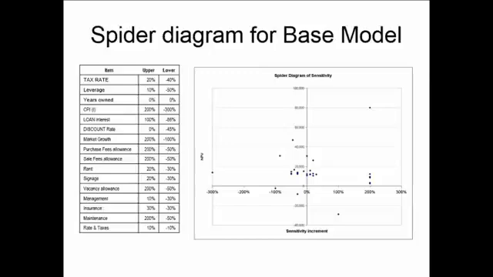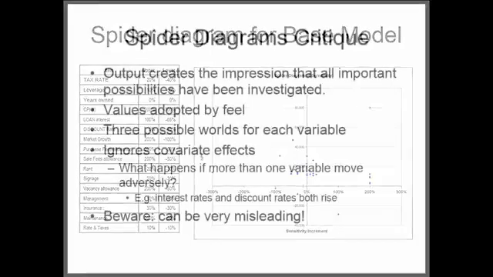The graphical presentation of the spider diagram can be very impressive, and it can lead to a nice feeling of confidence that a good understanding of the possibilities for the project has been investigated. For this reason it is very nice for a psychological feeling of understanding and confidence. However, there are a number of problems with the construction of spider diagrams that we need to be aware of.